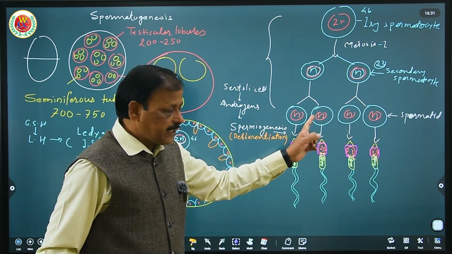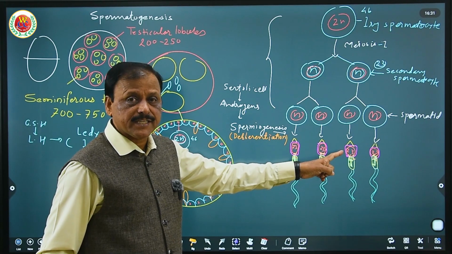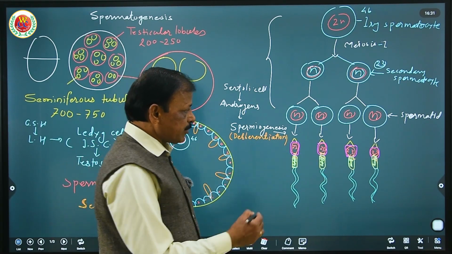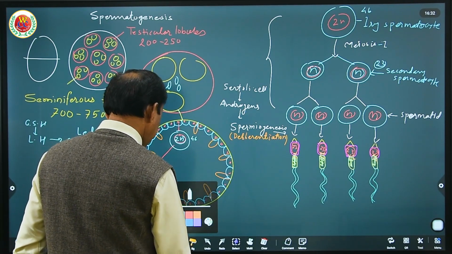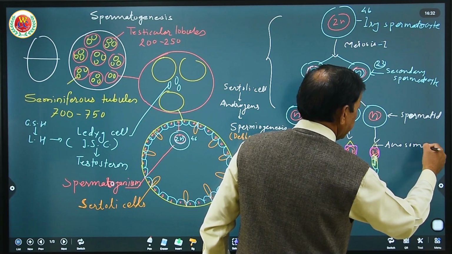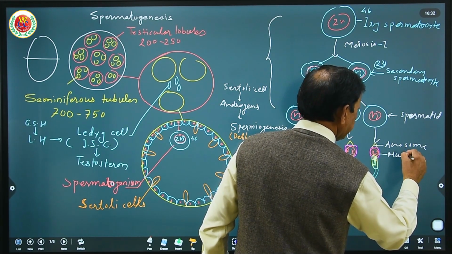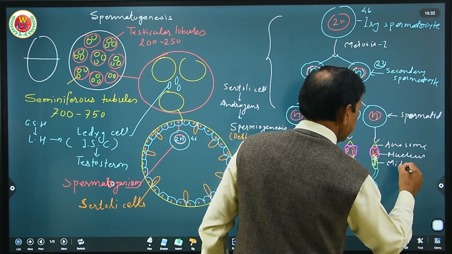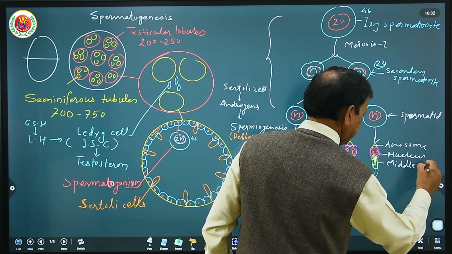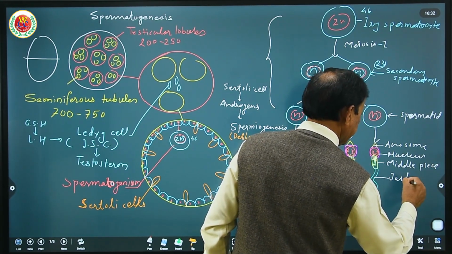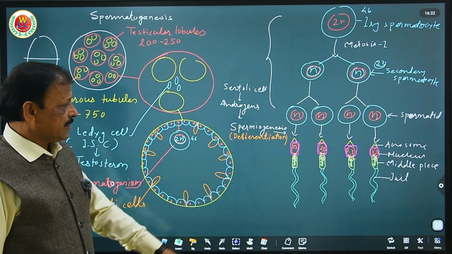These spermatids are circular, and they attain a specific shape and size and form the full structure of the sperm, with the acrosome, nucleus, which together are called the head, then the middle piece, and the tail made up of fibrin protein and tubulin protein.